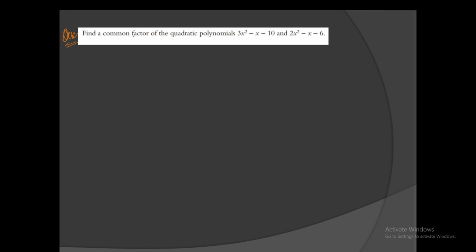The question says: find a common factor of the quadratic polynomials 3x square minus x minus 10 and 2x square minus x minus 6. Say this is p1 of x and this is p2 of x. You can factorize these. By middle term splitting, the product is minus 30 and the sum needs to be minus 1.